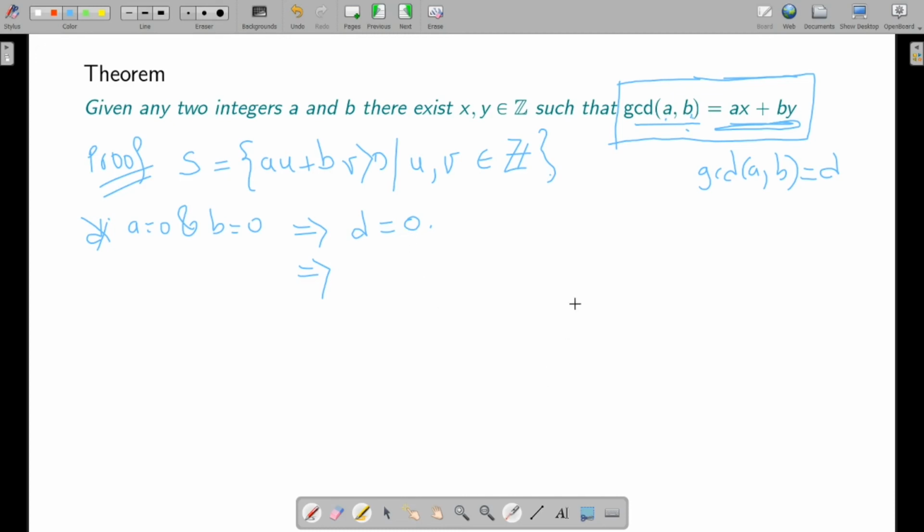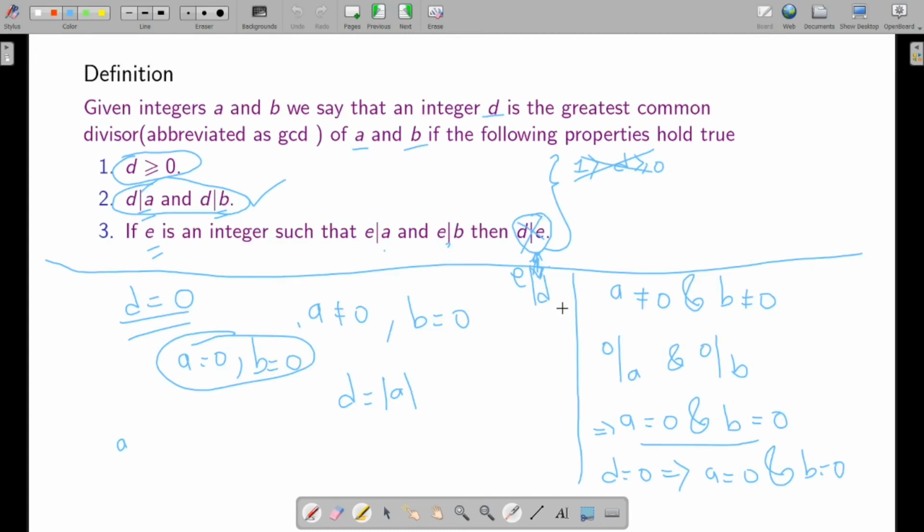What are the things that I need to prove? I need to prove that 0 is greater than or equal to 0, which is true. I need to prove that 0 divides A and 0 divides B, which is again true because A and B are both 0 and 0 divides 0. In our definition, 0 divides 0.